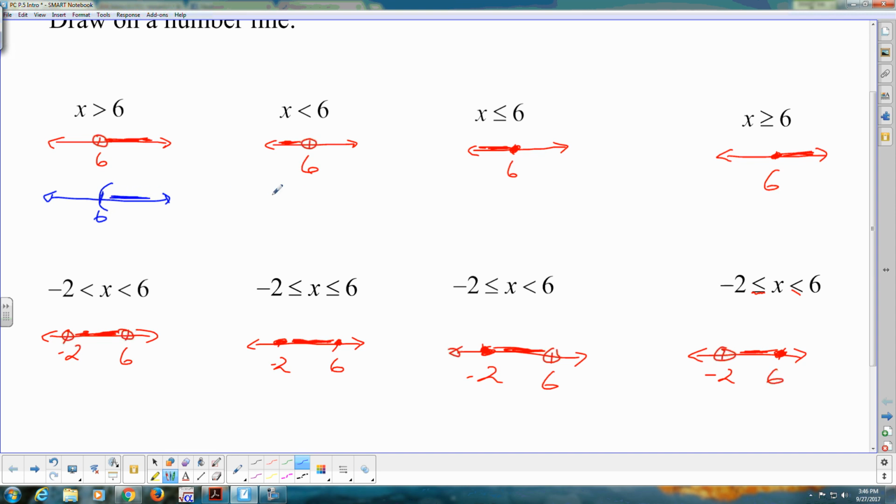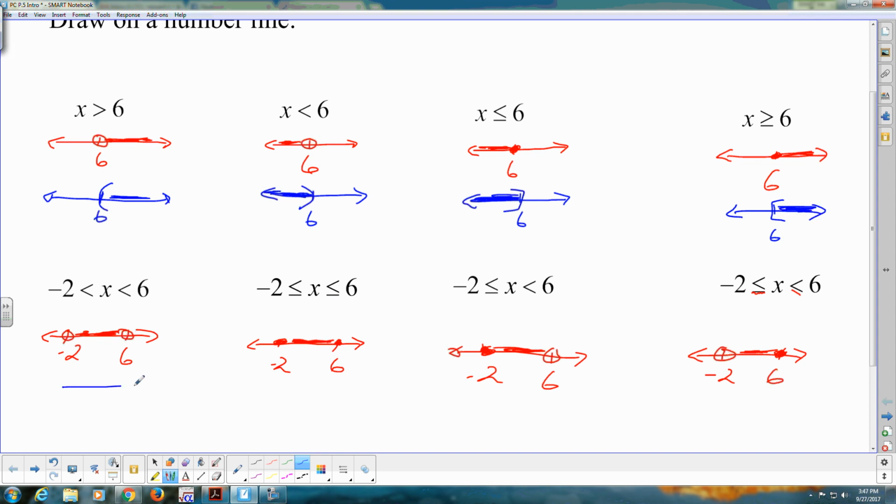So your answer would look like this. This one, 6, an open paren to symbolize you're not including it, shading left. This one, when you have a closed circle, it's going to be a bracket facing in the direction that it's opening. So this one would be a bracket facing right.